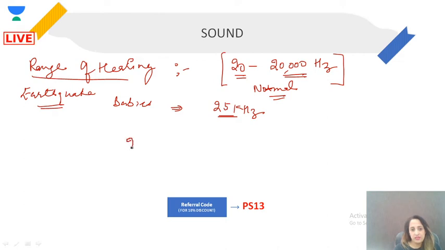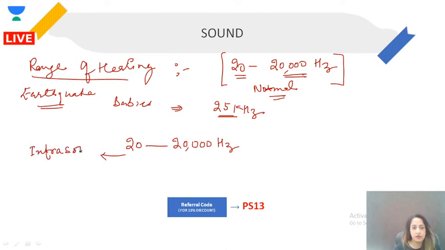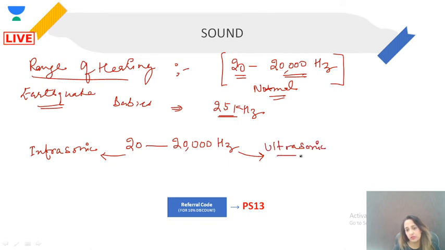So now we said we have this range 20 to 20,000 hertz, that is the frequency. Whatever is under this is called infrasonic, and whatever is above this is called ultrasonic, right?